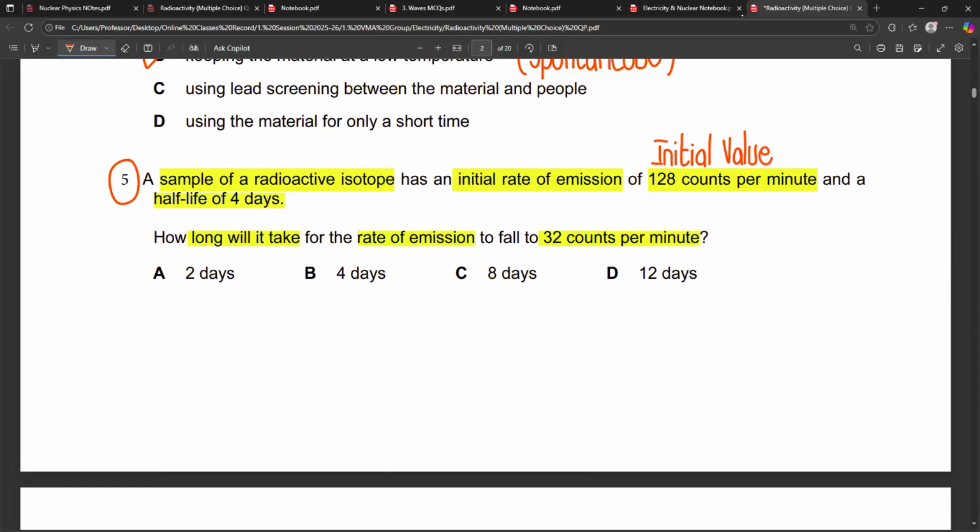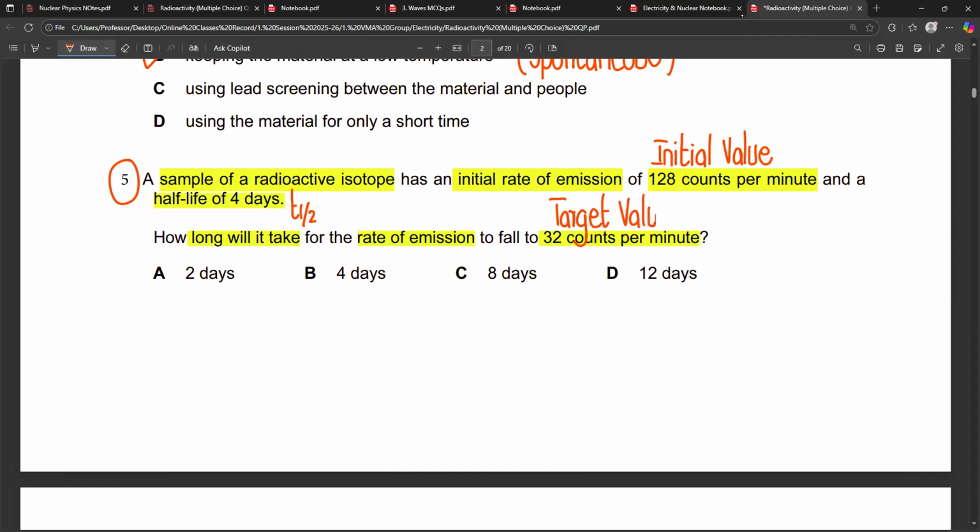And it has a half-life of 4 days. This is the half-life. Now, how long will it take for the rate of emission to fall to 32 counts per minute? This is your target value. So we have to reach this target value.